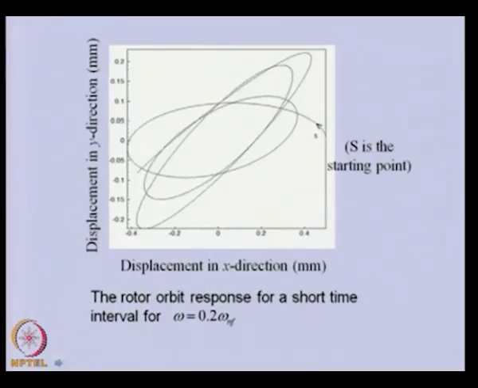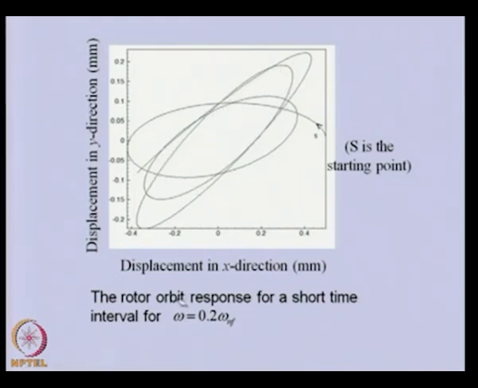This is the orbit plot, that is, the x direction and y direction displacement plot with respect to time. We have given some initial disturbance. So, this is the initial condition. From here we are leaving the rotor. So, it is going like this, and is trying to stabilize.